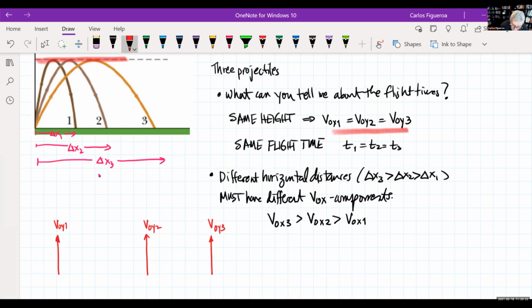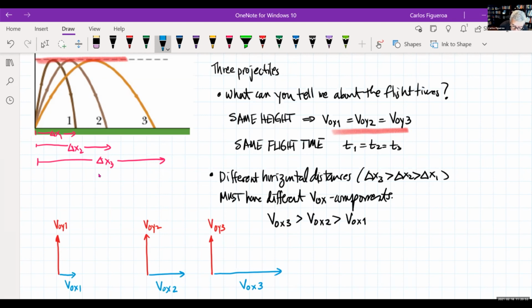What's different, though, has to be the velocity in the x direction. 1, because it travels a smaller distance, should have a smaller velocity in the x direction. And then for the next one, because it's traveling farther, it should have a little bit larger. And then finally, this guy is going to be for 3 because it has to be longest.